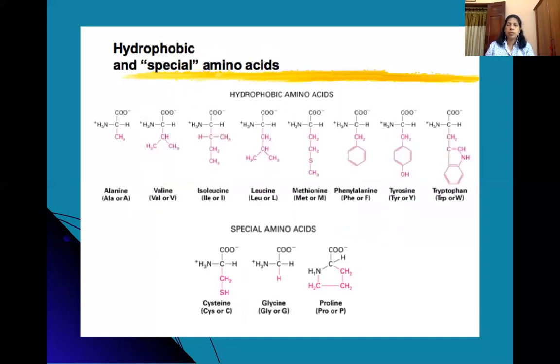In the same situation, there are the hydrophobic amino acids. Alanine, valine, isoleucine, leucine, likewise, those are the hydrophobic amino acids. You can see that this tail ends with an aliphatic or aromatic group.